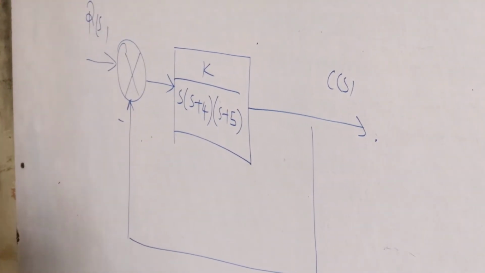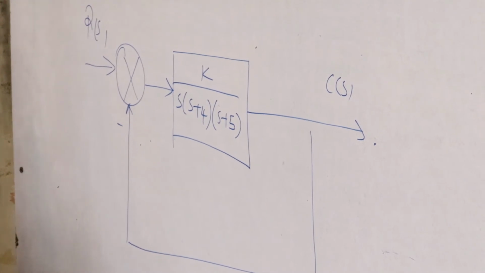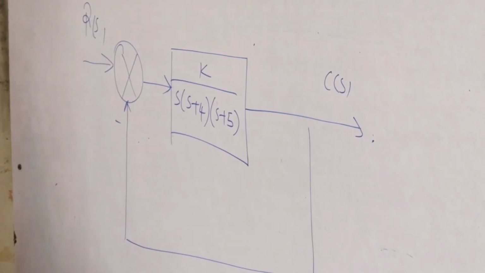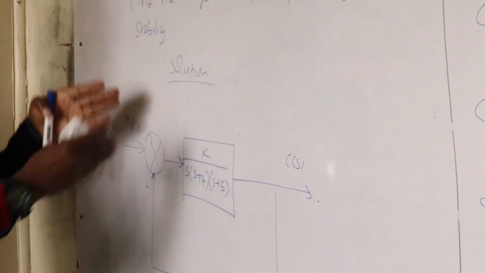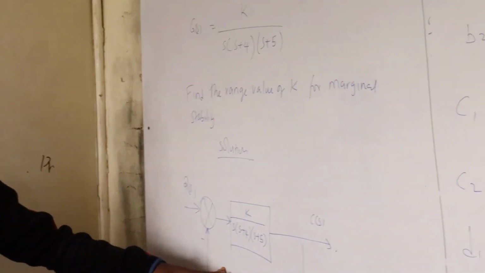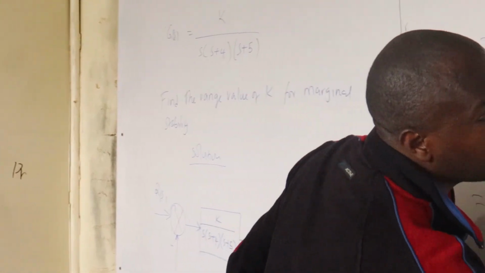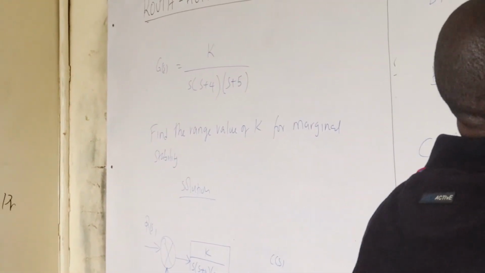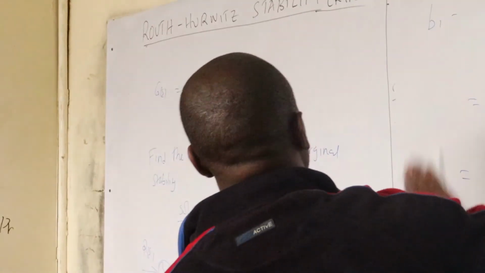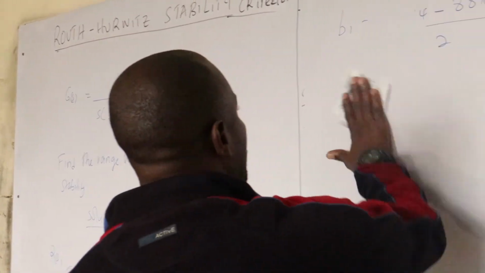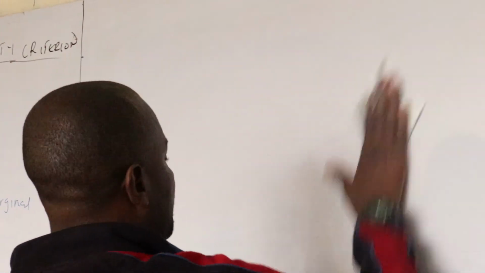Then the next thing we are supposed to do is get the overall transfer function, so that we get the characteristic equation. And remember, in this case there is a K. We have been asked to get the range value of K for marginal stability.